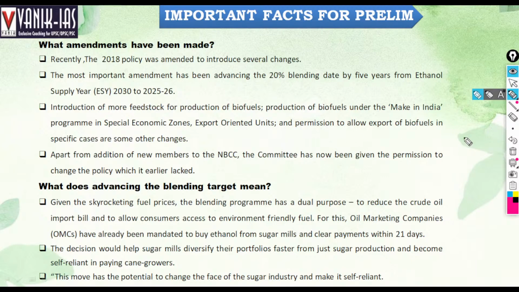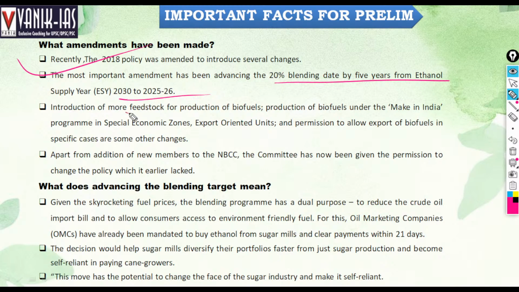Then what amendments have been made? Recently, the 2018 policy was amended to introduce several changes. What are the changes? First, 20% blending by 2025-26, so the target has been reduced.